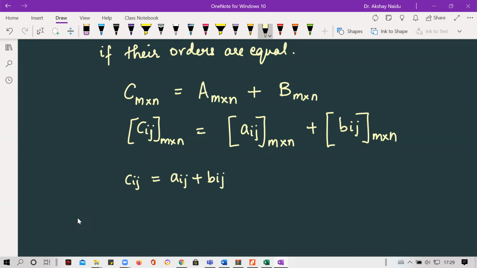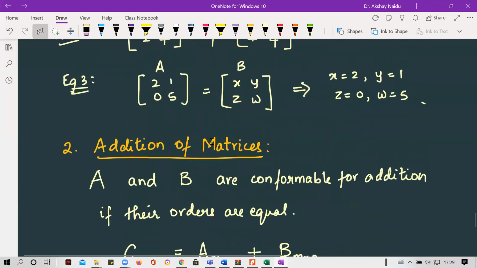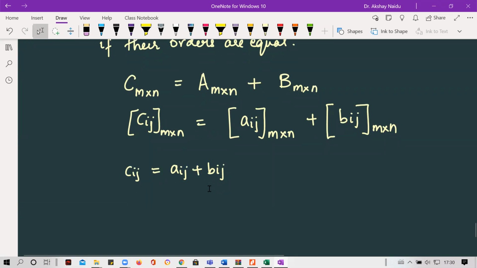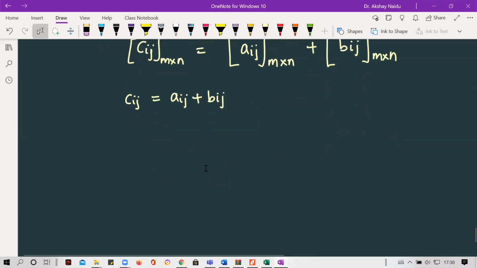I am purposely making this notation form of matrices. There's a reason for it, because you have to get used to it, because in logic and some reasoning questions, these kinds of things are important.